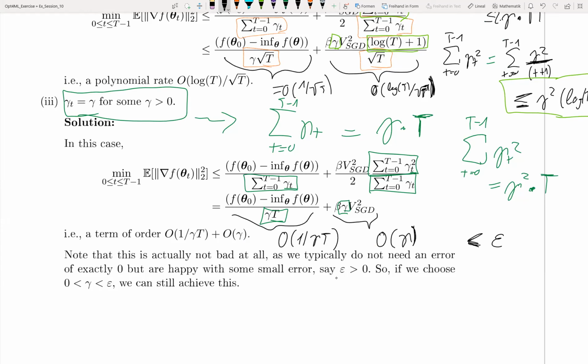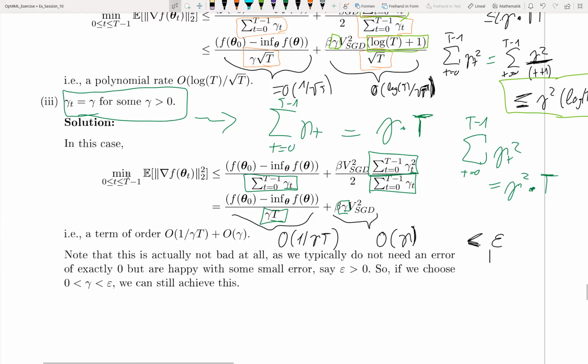Also, this result here is showing why these epoch strategies we talked about in the lecture are not a bad idea, that you use a constant step size and then make it smaller after an epoch.